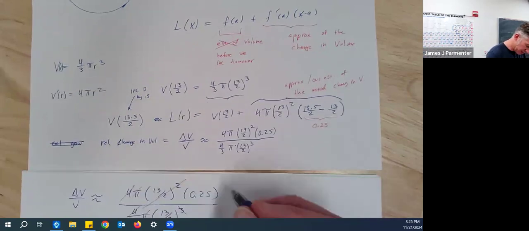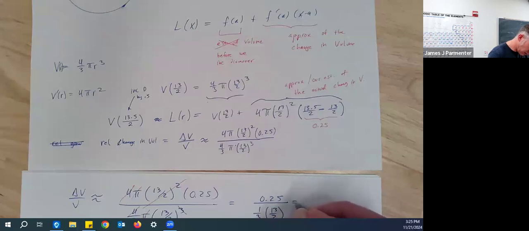And you're left with 0.25 divided by 1/3 times 13 over 2, or 1/4 on top divided by 13/6 on the bottom, which is 1/4 times 6/13. Not the nicest number I've ever seen, but I've seen worse. And that's 3/26.